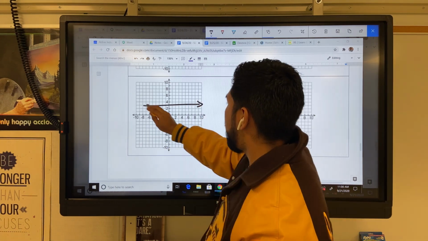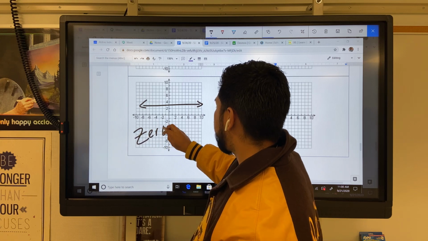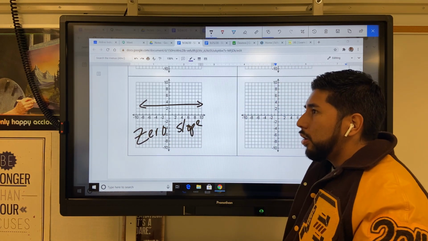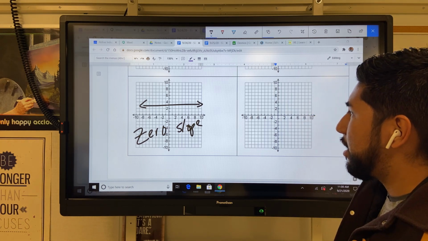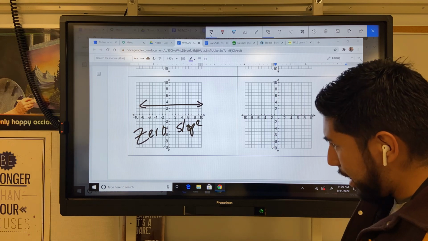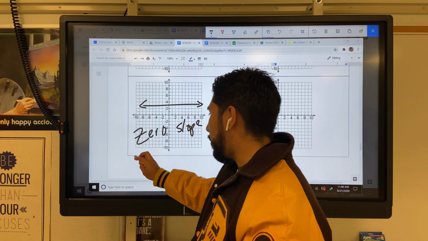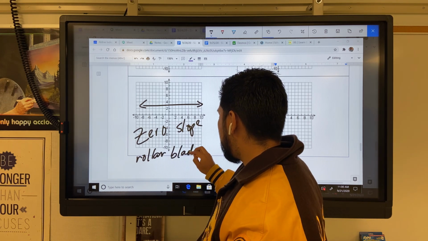Side to side, a perfect horizontal line. This is a zero slope. What is an example of side to side? Oh, we could say something like rollerblading. The streets, rollerblading.